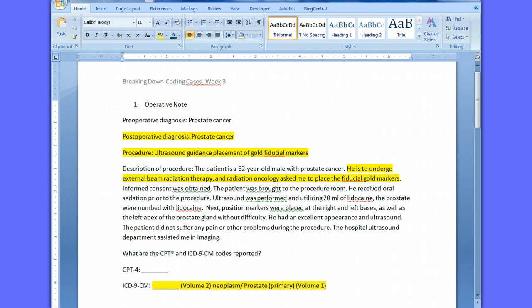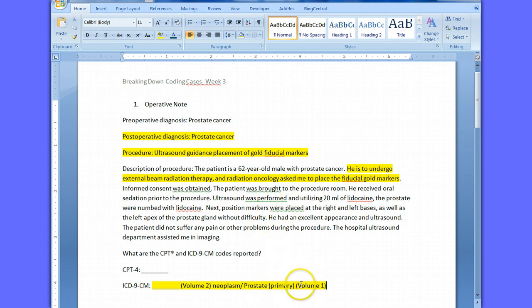The reason we're going to code this as primary is because we do not have any indications in our notes that this is a secondary occurrence of his cancer in a different location than before. So since that's the case, we code this as primary neoplasm of the prostate.